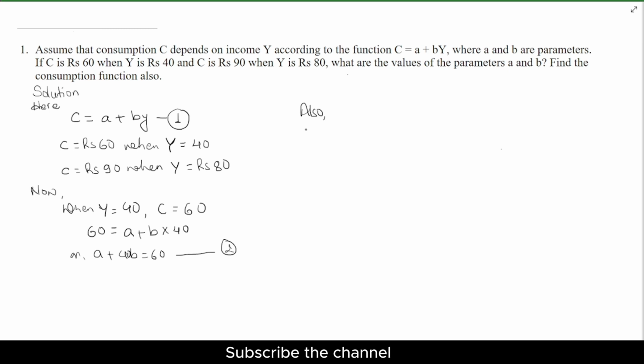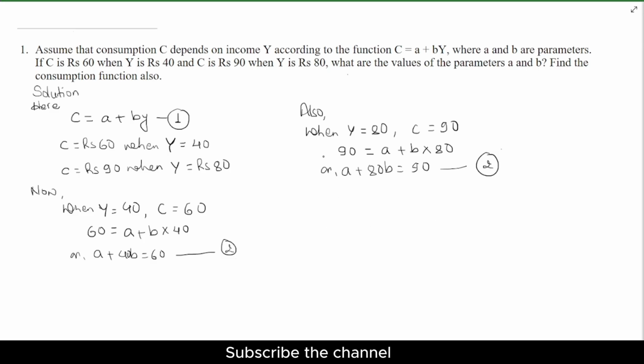When Y equals 80 and C is 90, then this equation 1 will be 90 equals A plus B into Y, Y is 80, or A plus 80B equals 90. Let it be relation 3. The two equations obtained, equation 2 and equation 3.